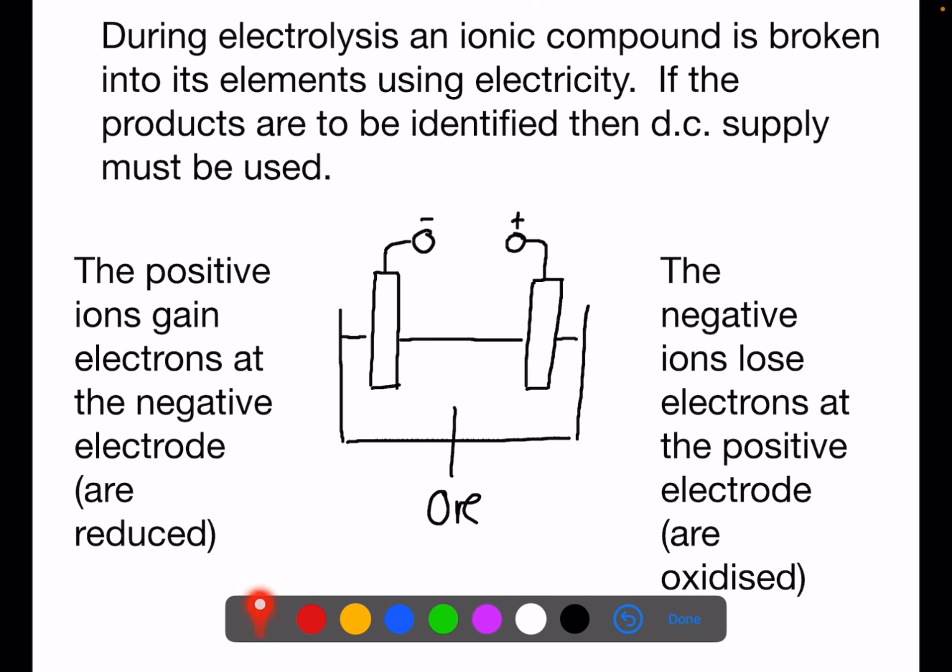What we'll find is that at the negative electrode, the positive ions will gain electrons, and at the positive electrode, the negative ions will lose electrons. So at the negative electrode, we'll have reduction, and at the positive electrode, we'll have oxidation.